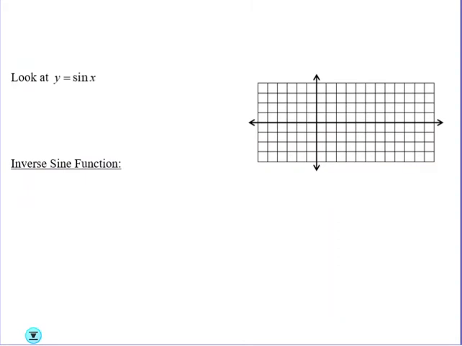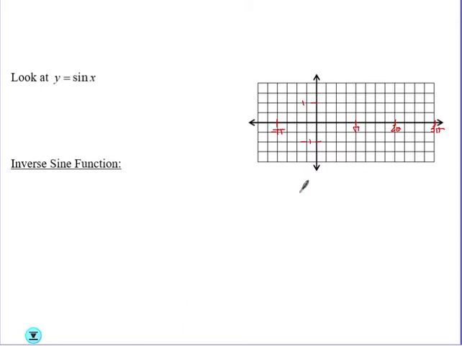So first, let's start with sine. We're going to take a look at the graph for y equals sine of x. Using our standard way to label the axes, we have negative pi, pi, 2 pi, 3 pi, 1, and negative 1.